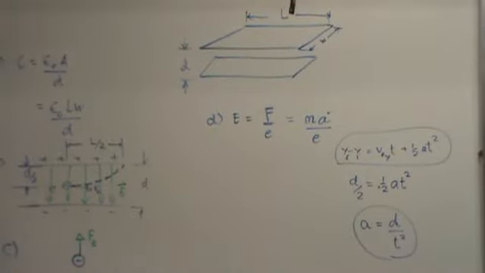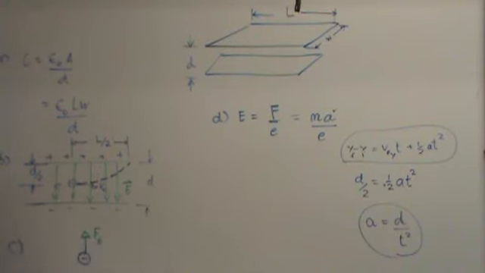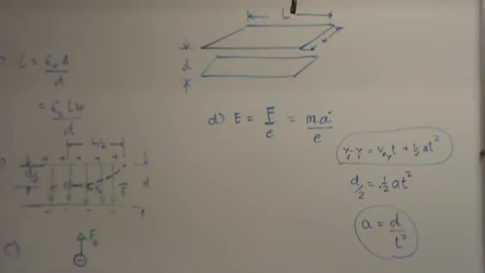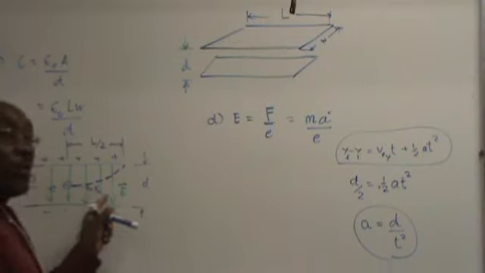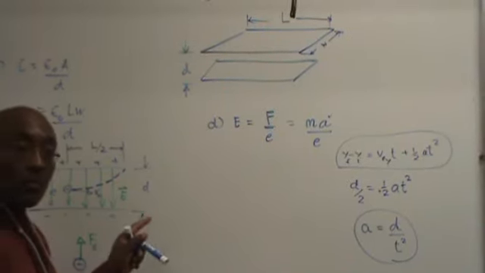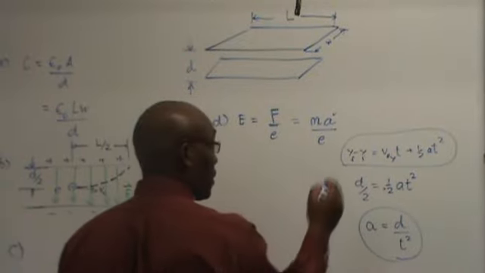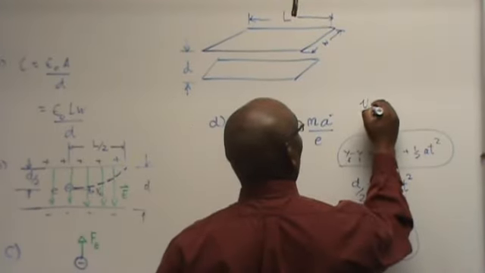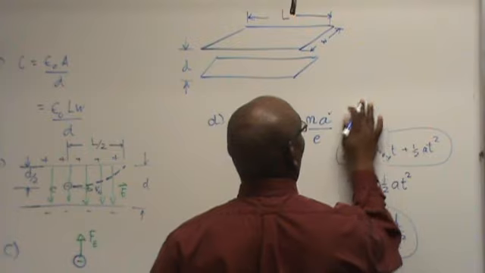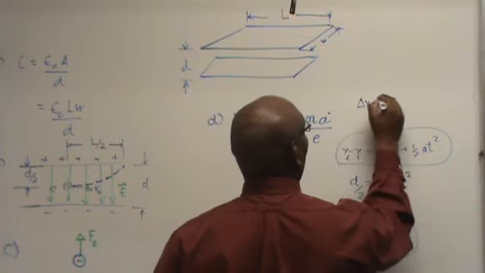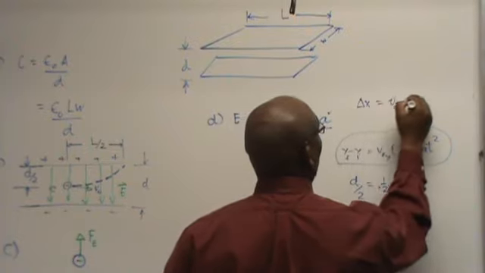How much time does it take for this electron to travel from here to there? Sounds like another kinematic equation. Well, we can use the x component now. Remember the other kinematic equation, delta x equals V0x times t.